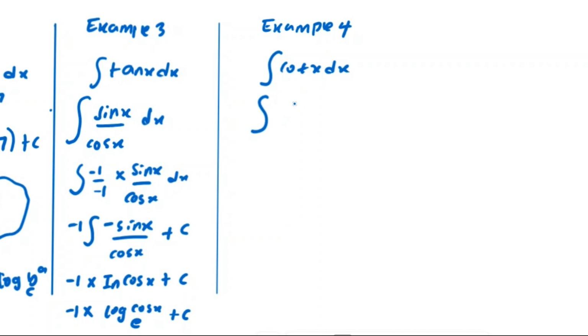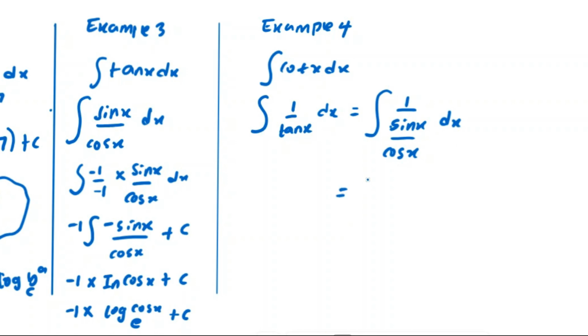Integral of cot x is the same thing as the integral of 1 over tan x dx. So basically, this will give us the integral of 1 divided by sine x over cos x. Oh, sorry, we have not yet integrated, so we don't have an arbitrary constant c yet. So this is just dx.